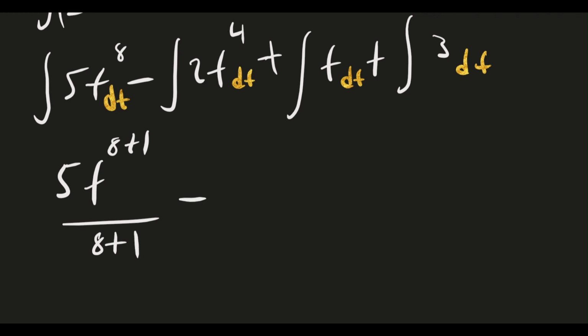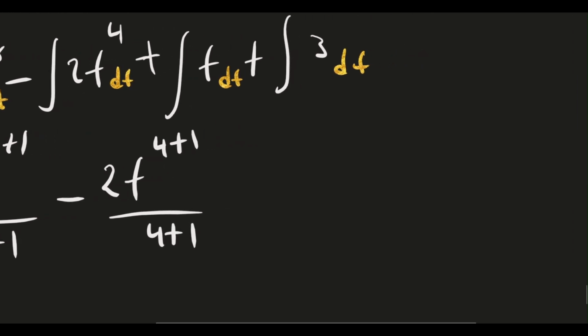And for the next one, we can also use the power rule, and that is going to give us 2t raised to the power of 4 plus 1 over 4 plus 1.